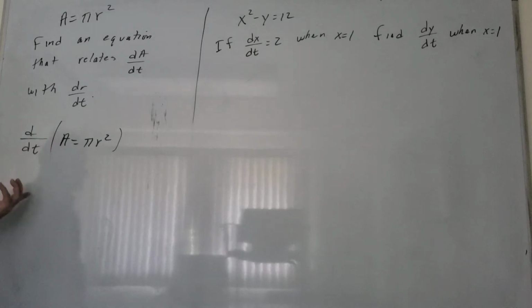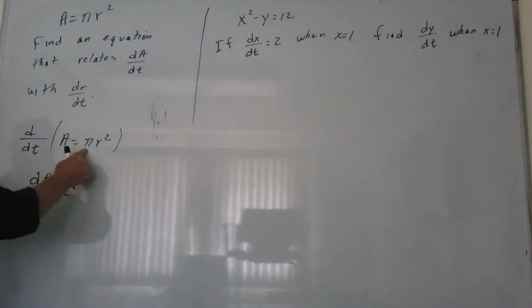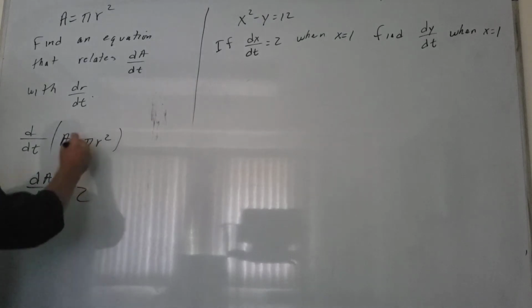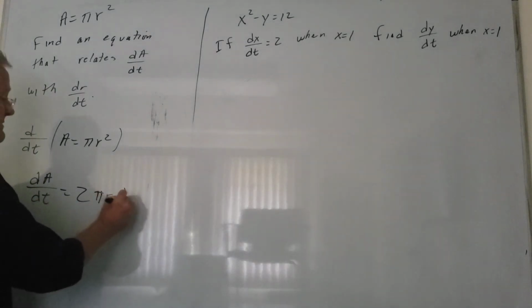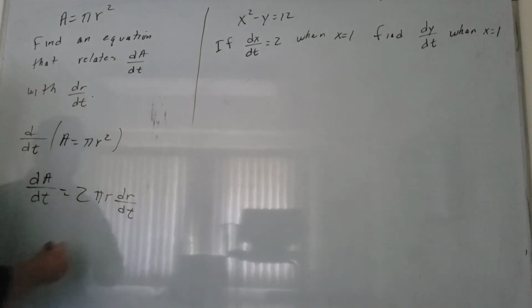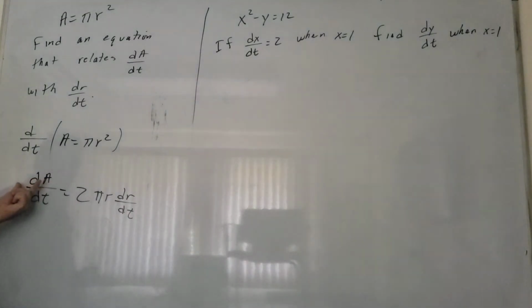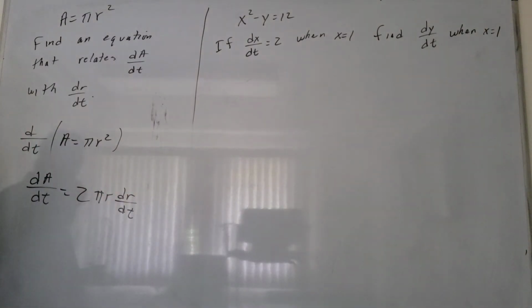So the derivative of A with respect to time is dA/dt. Pi is a constant and the derivative of r squared is 2r to the 1 times the derivative of r, but the derivative of r with respect to time is dr/dt. This is our equation that relates the rate at which the area changes with the rate at which the radius changes.